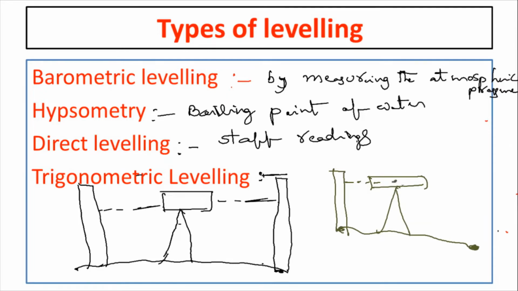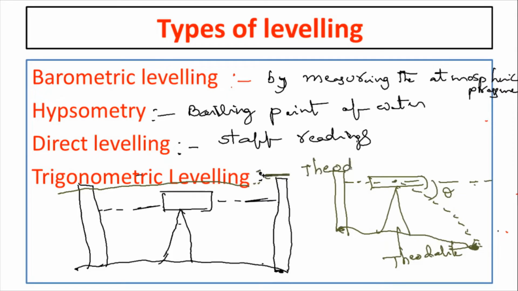Instead, we keep a theodolite and measure the vertical angle towards that point. Once you determine the vertical angle, based on trigonometric calculations we can determine the difference between the elevations of these two points. As we use trigonometric calculations, this kind of leveling is called trigonometric leveling. Remember that in trigonometric leveling the instrument used is the theodolite, and we determine the difference in elevation by measuring vertical angles.